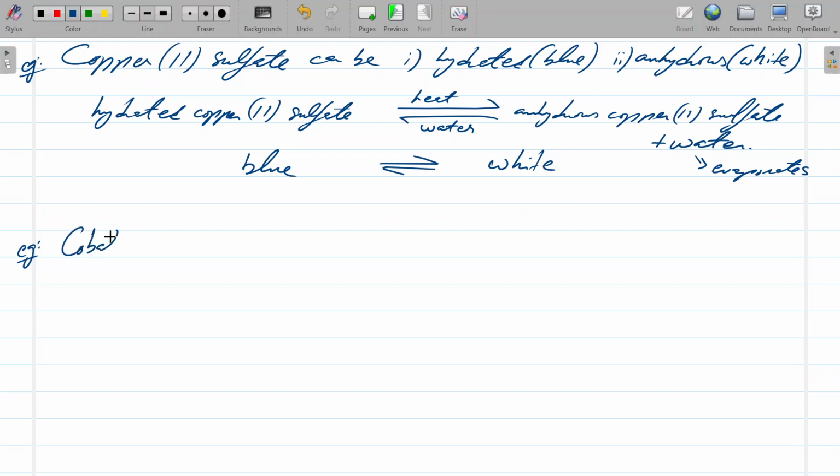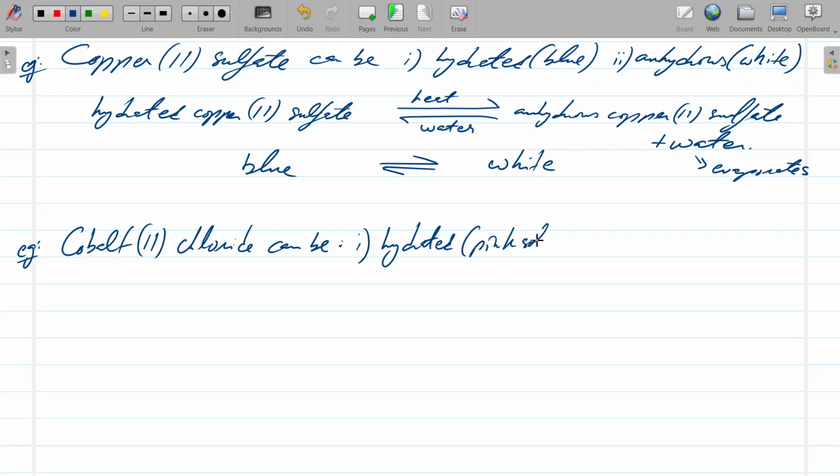So cobalt 2 chloride can be similarly either hydrated, which gives you a pink solid, or anhydrous, which will give you a blue solid.